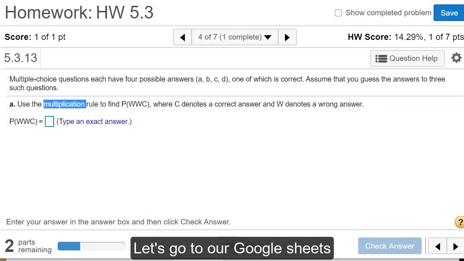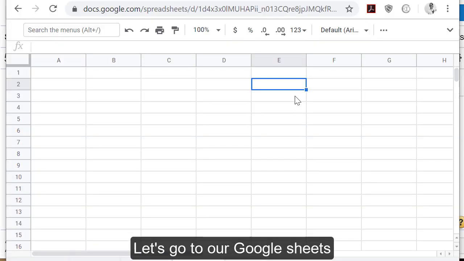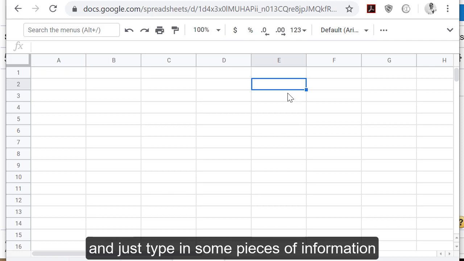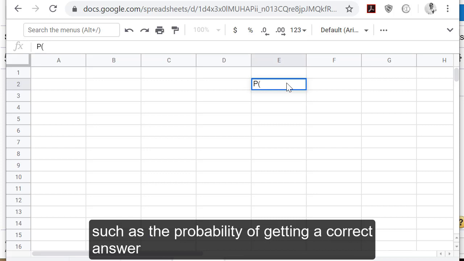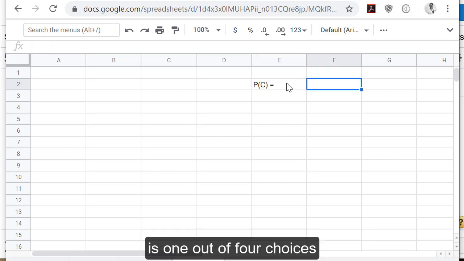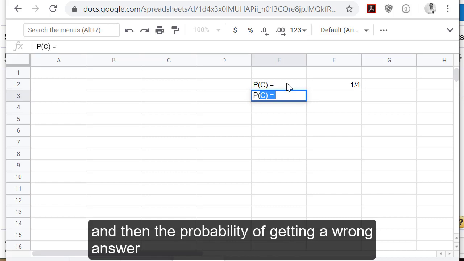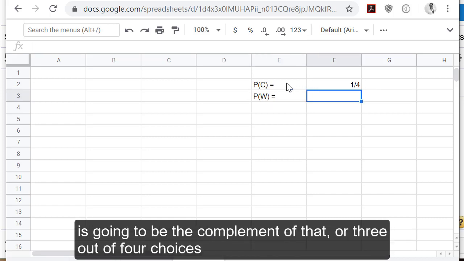Let's go to our Google Sheets and just type in some pieces of information, such as the probability of getting a correct answer is 1 out of 4 choices, and then the probability of getting a wrong answer is going to be the complement of that, or 3 out of 4 choices.